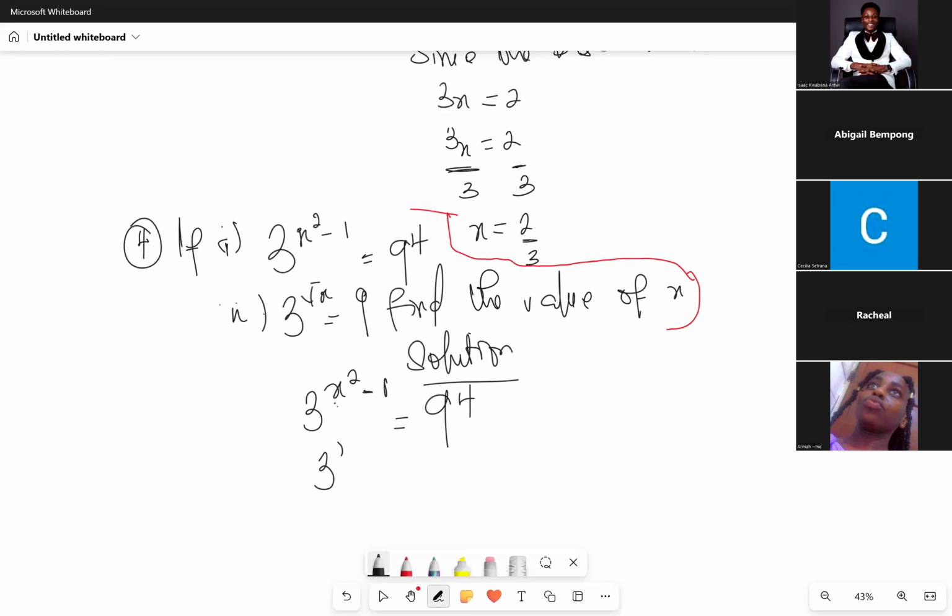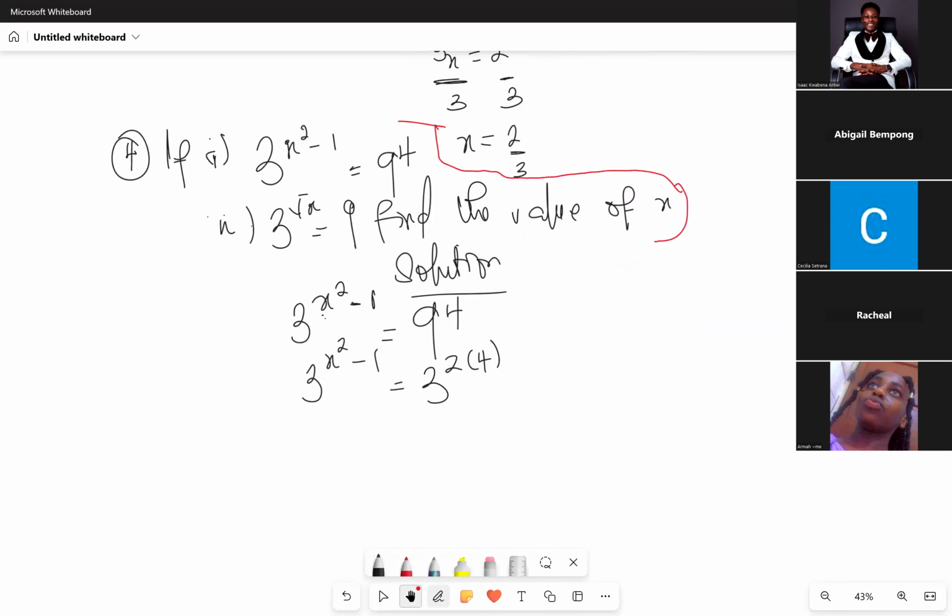So you find the same base. Okay. So the 9, what happened? 3 exponent 2. So now the bases are the same. So at least it does away with that and we can concentrate on the rest.